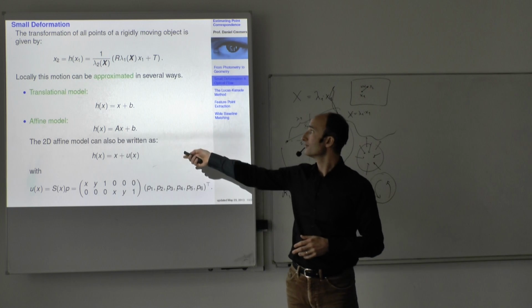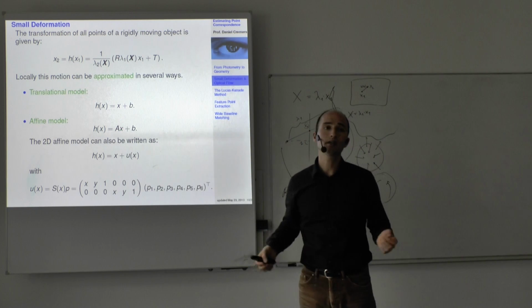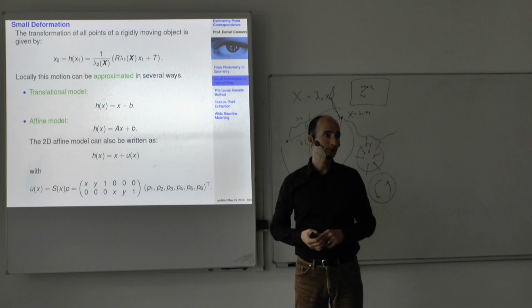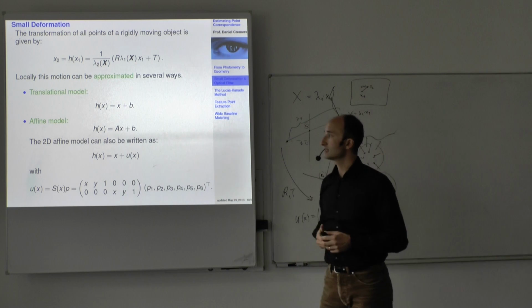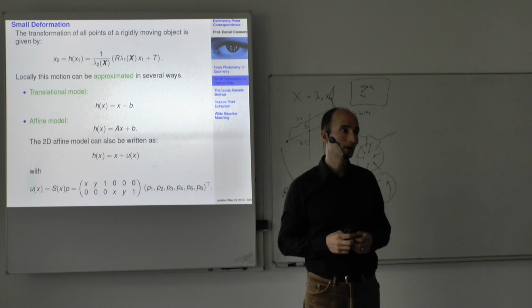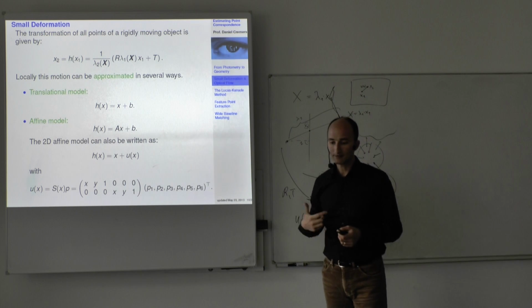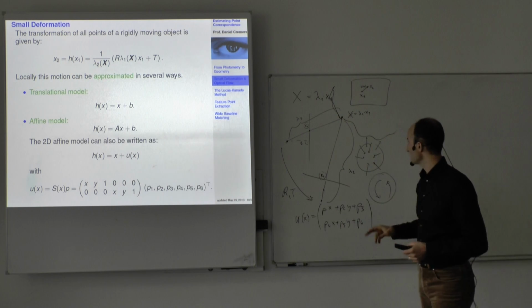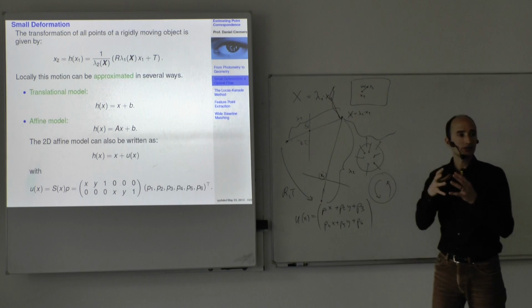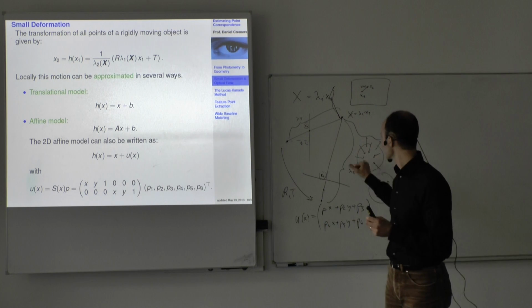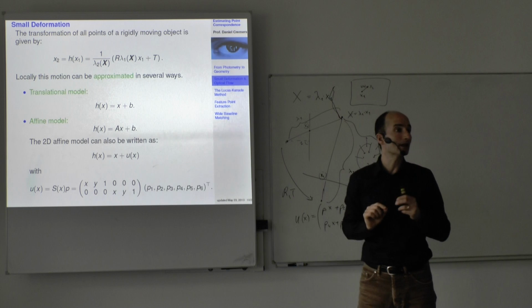This is why often when people model rigid body motion, they use an affine model to represent the rigid body motion. It just simplifies the computation, and it often allows more general motion. For example, if I move an object towards the camera, then what I expect is this kind of divergent motion. Things will move outward or inward with respect to some center of focus of expansion.